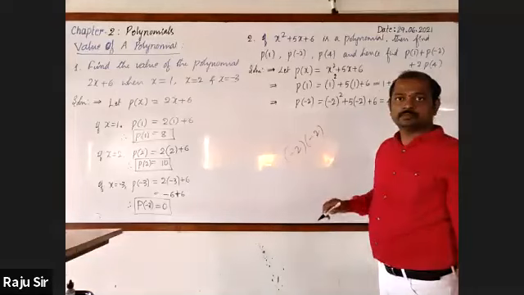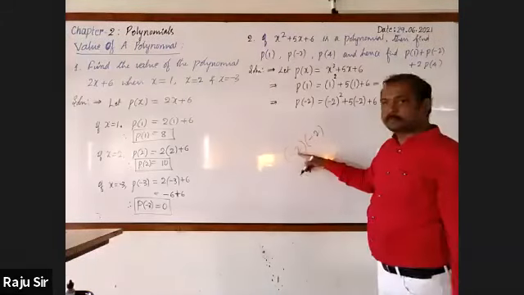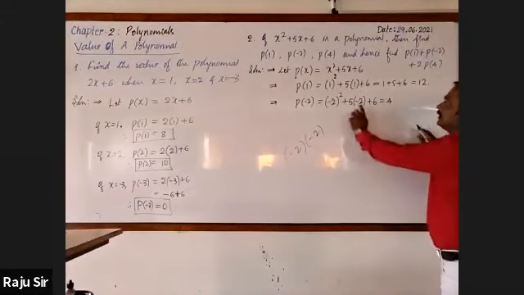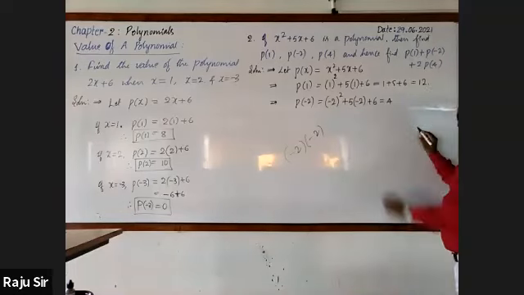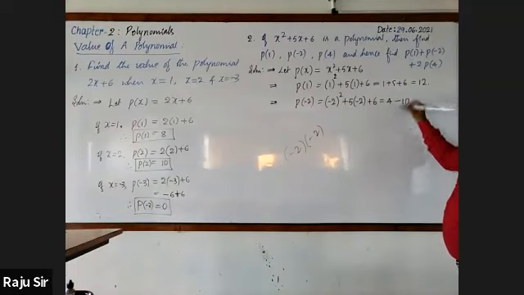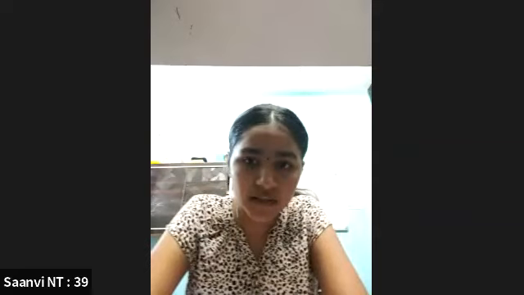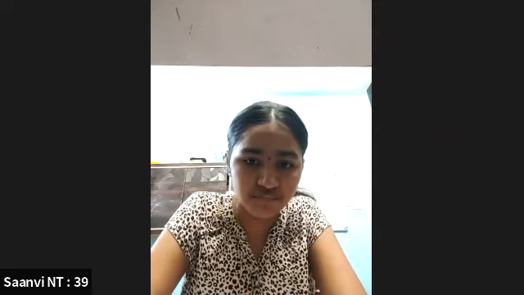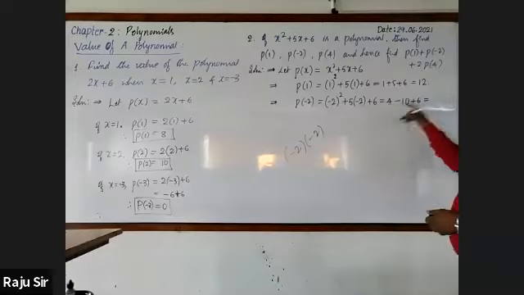Minus into minus is plus, 2 twos are 4. Next, 5 into minus 2 is minus 10. Plus 6. Here 4 plus 6 is 10. 10 minus 10 is 0.